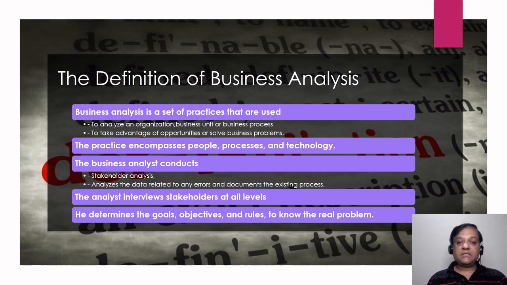So a project has a start and an end date, and it starts once the business case is approved. The business analyst will then provide more details of the business need in the form of requirements. Now, requirements ensure that the change reflects the business need and they must be clear enough for the project team to implement that change.